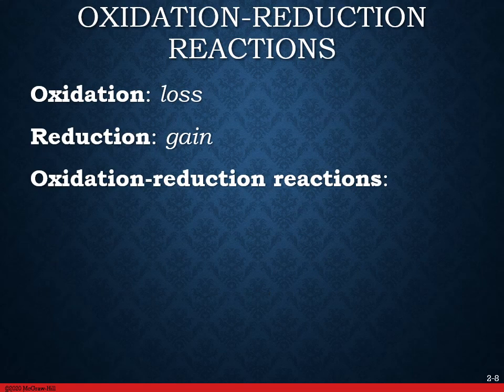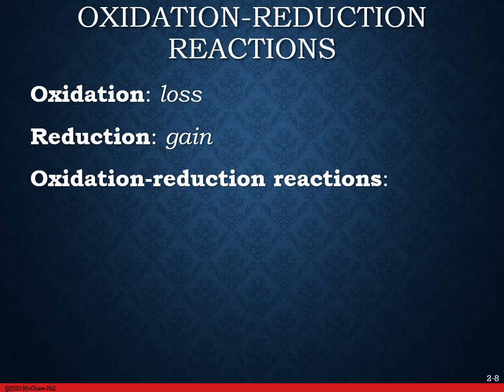Oxidation reduction reactions. Oxidation is the loss of an electron by a substance, and then reduction is the gain of an electron by a substance. Oxidation reduction reactions means it has to happen at the same time.